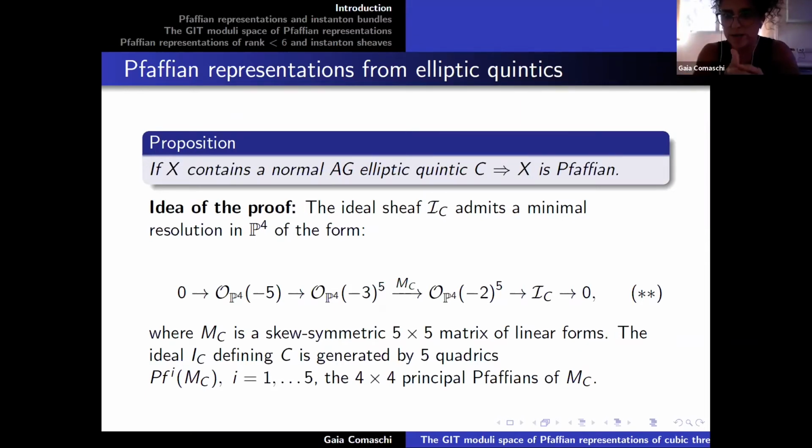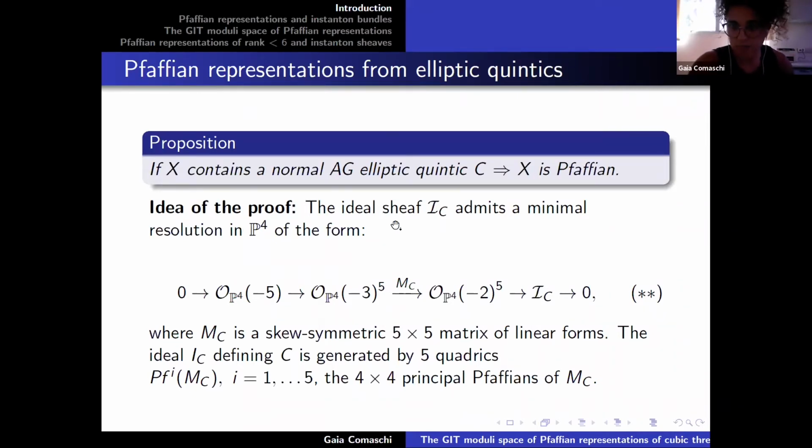It is rather interesting to study how to construct Pfaffian representation starting from elliptic quintics, because in this context, we can understand how many geometric features of cubic threefolds can be translated using the language of matrices of linear forms. So, for example, let's see how we can construct explicitly a Pfaffian representation from an elliptic quintic.